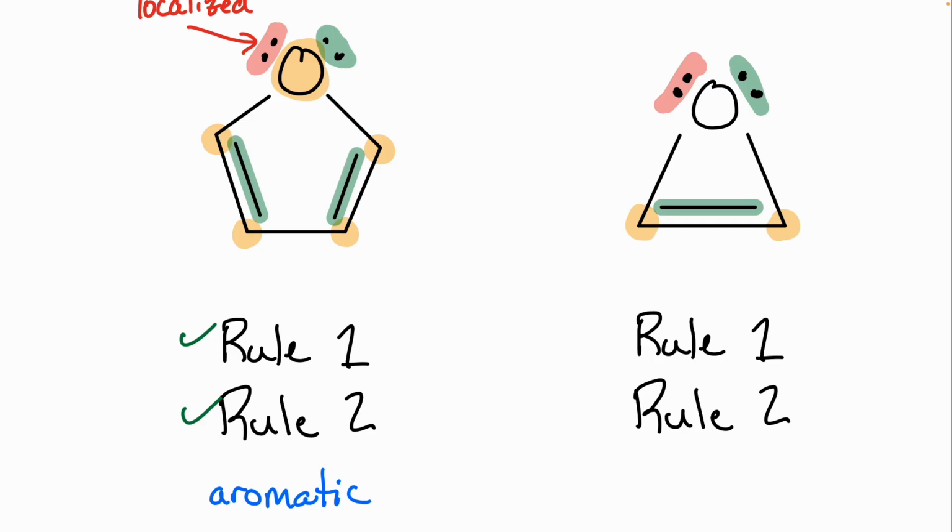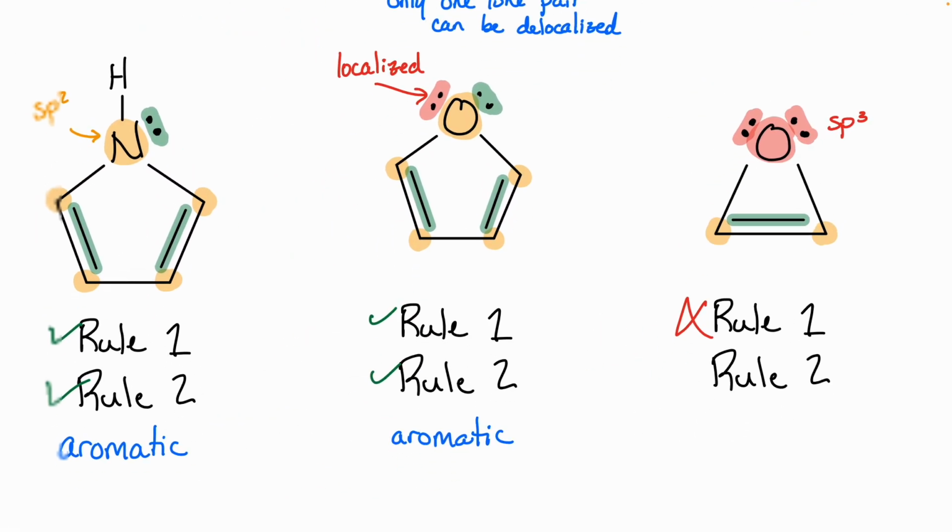So if we look, if it lets that pair of electrons participate in that ring, that would give us an even number. All right, so is it going to be sp2 hybridized? No. It's just not going to let that pair of electrons join into that ring. It's going to be sp3 hybridized, so that both of these electrons are physically pointing away from that ring. And if this is sp3 hybridized, then do I have a fully conjugated ring? No, all right? So you're never going to get an anti-aromatic heterocyclic compound.